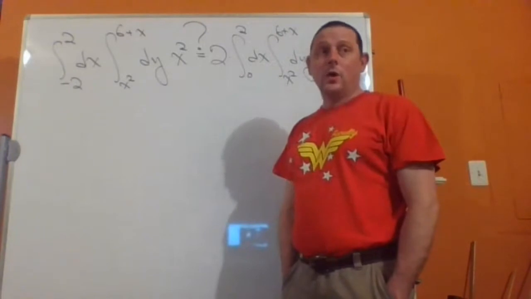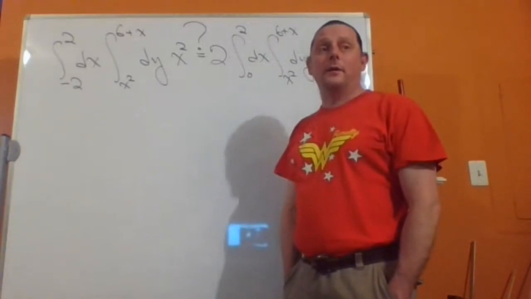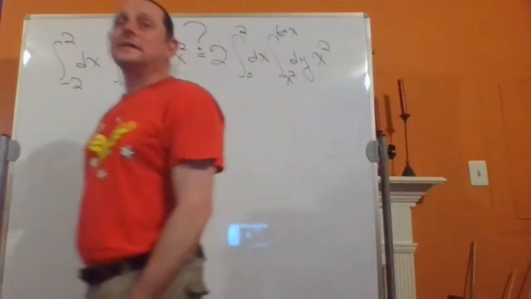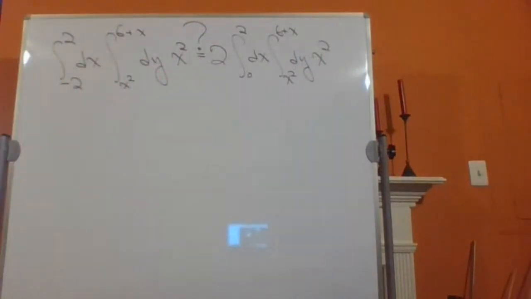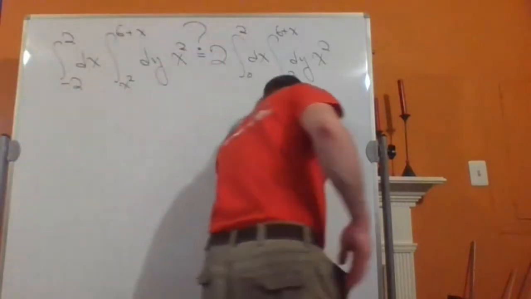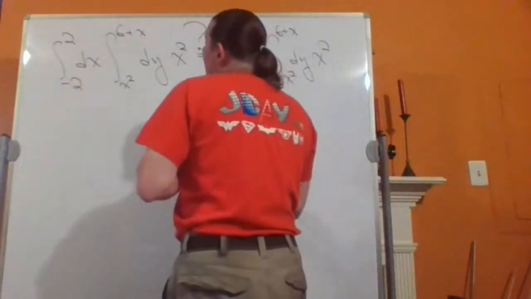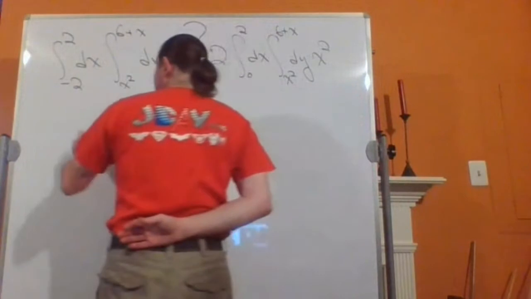On the other hand, we have at no time in this process sketched a graph of the region of integration. So what we should begin by doing is sketching that region to see if it is symmetric.